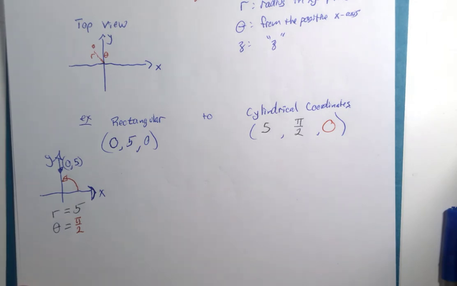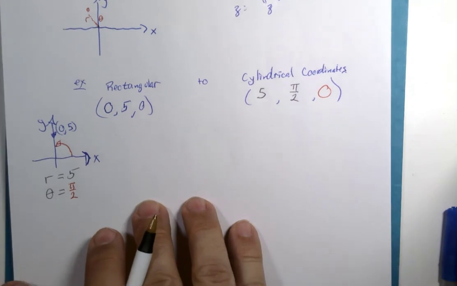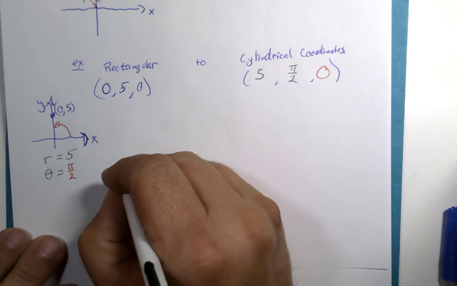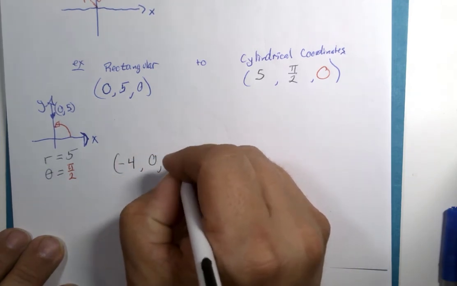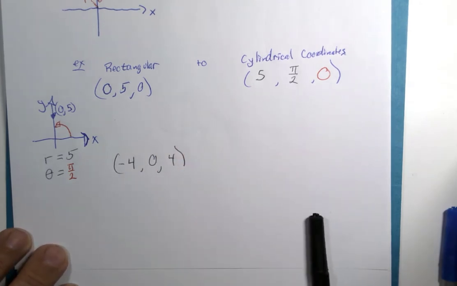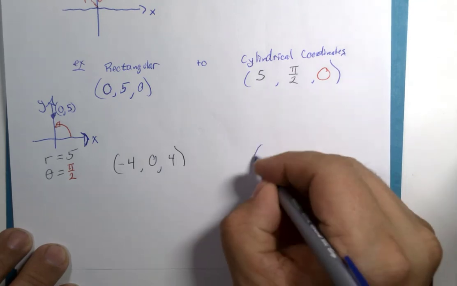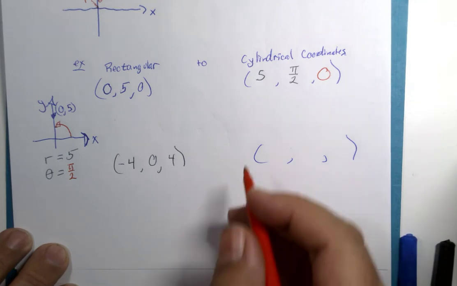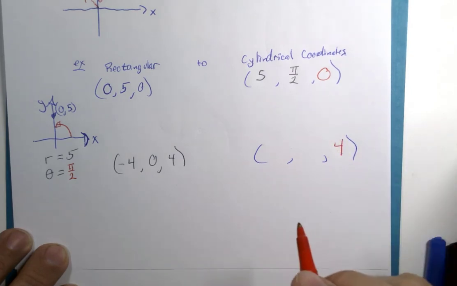Let's suppose I were going to look at the point negative 4, 0, and 4. Those are my rectangular coordinates. Well, what I do know is that my z value is indeed 4.